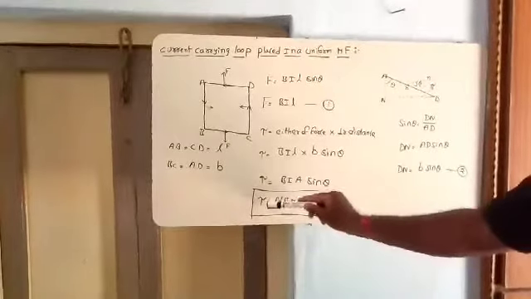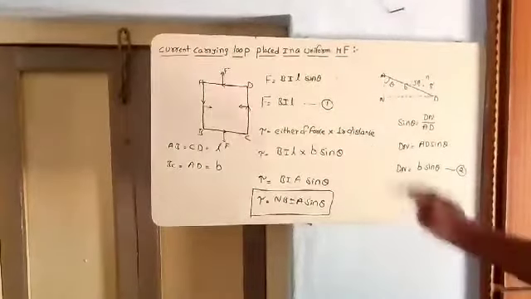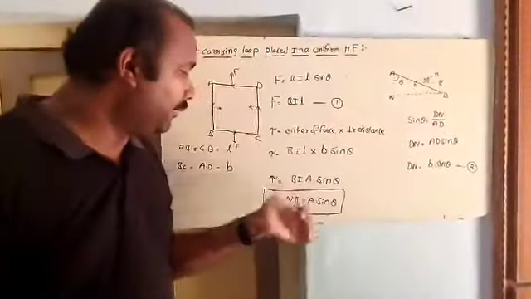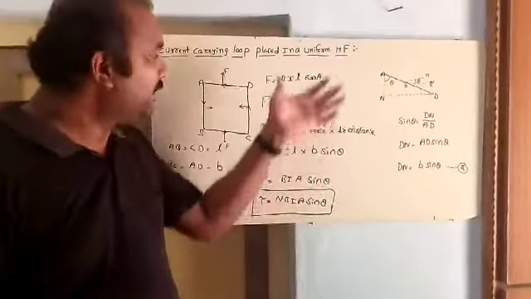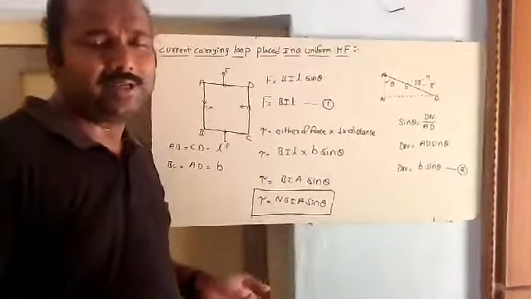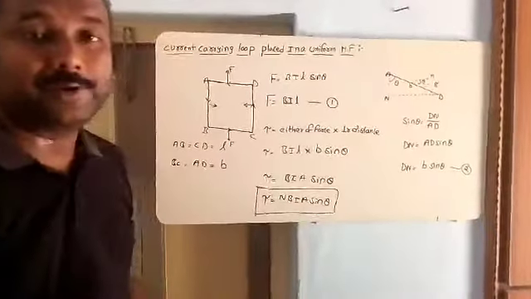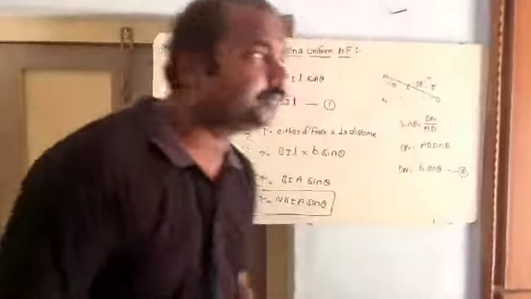For N number of loops, torque tau is equal to NBIA sin theta. From the problems point of view, everybody must remember this final equation. The explanation part is not necessary, but you have to remember the final formula, because for problems we have to know it.